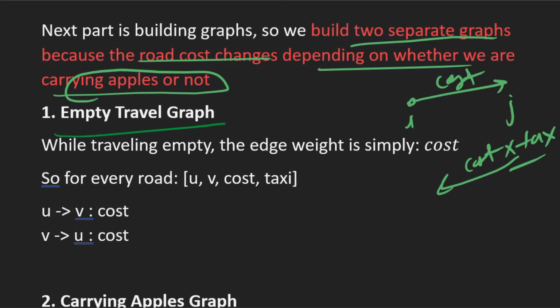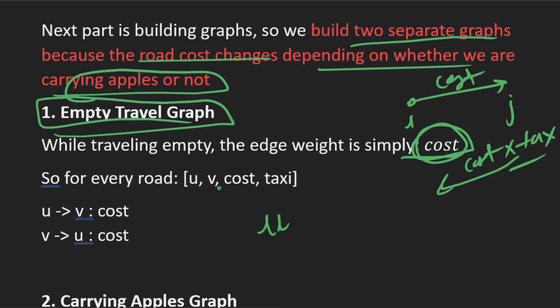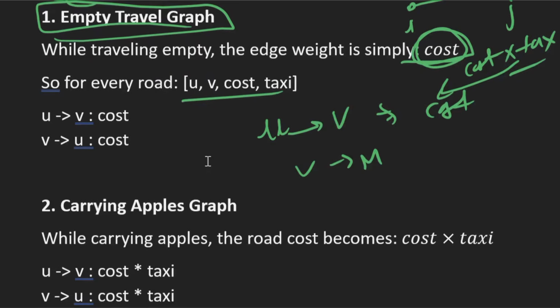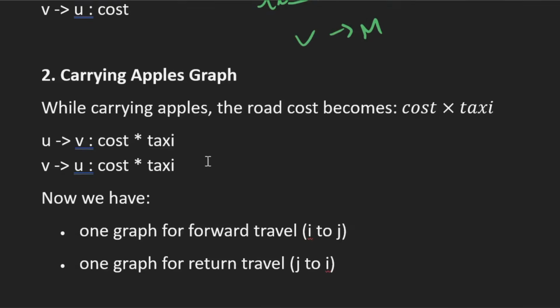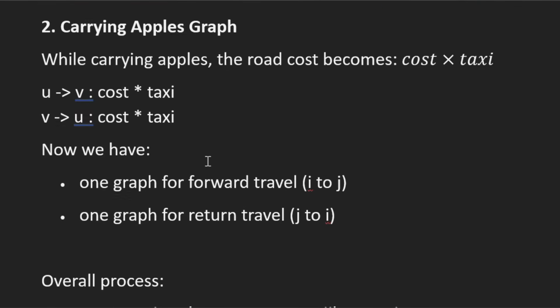The first graph will be the empty travel graph. Empty travel graph means we do not have apples in our hand, so the edge weight will be directly the cost given to us. That is, if we have the road uv with cost and tax, then from u to v the edge weight will be cost. Similarly, from v to u the edge weight will be cost, right? Then the second graph is for when we carry the apples.